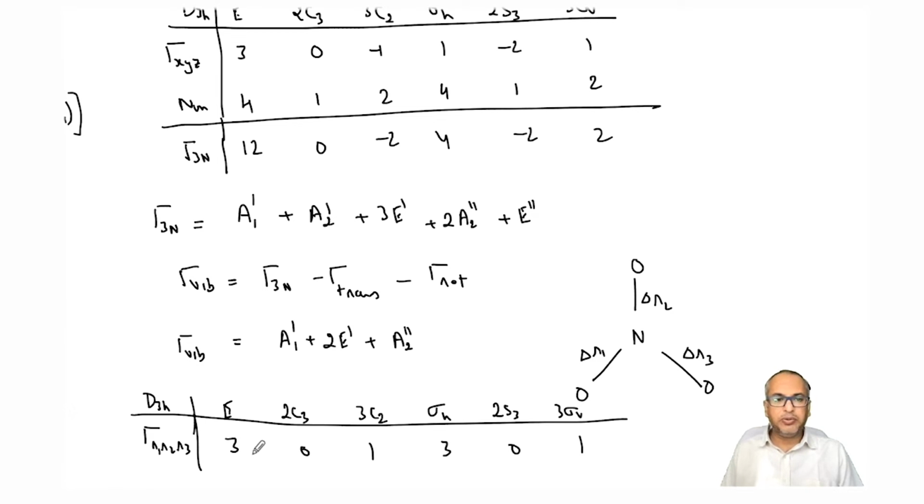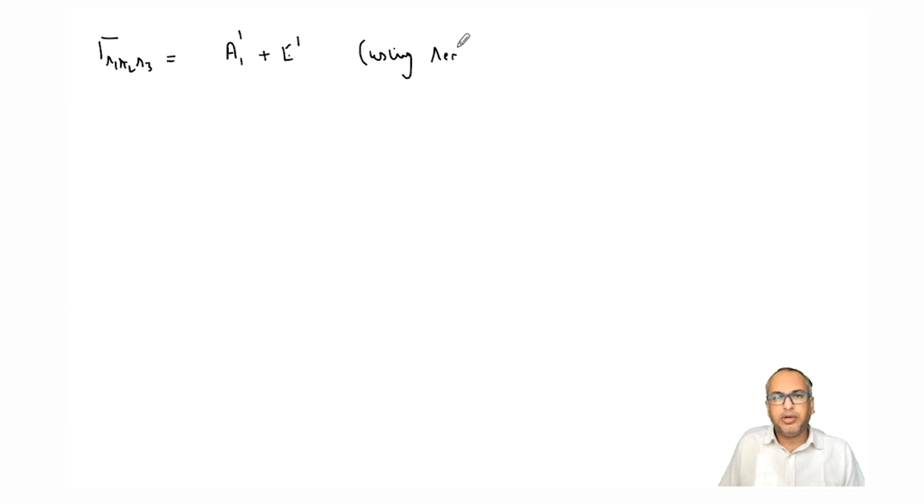And now I can reduce this to get the component irreducible representations. So if I do that, tau R1, R2, R3 is broken up into A1 prime plus E prime using the reduction formula.